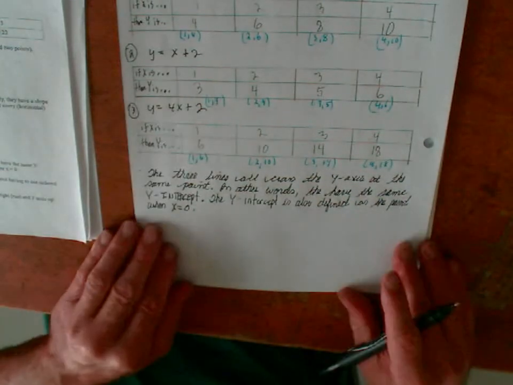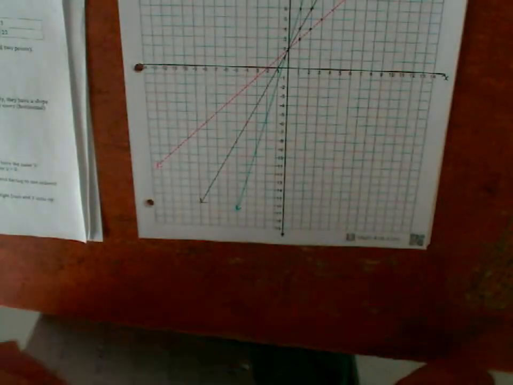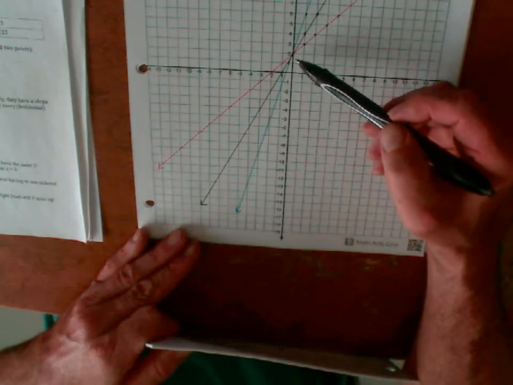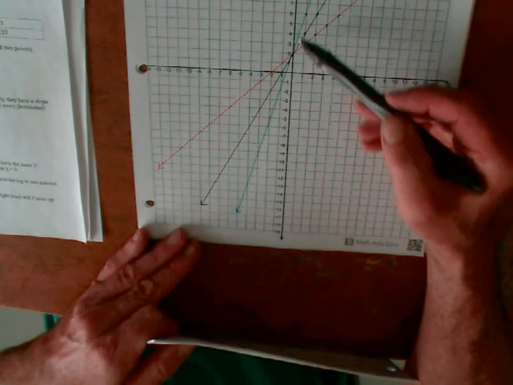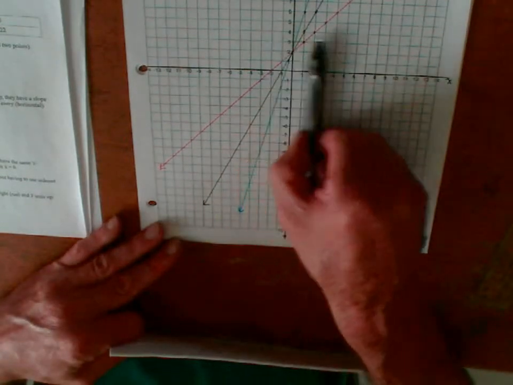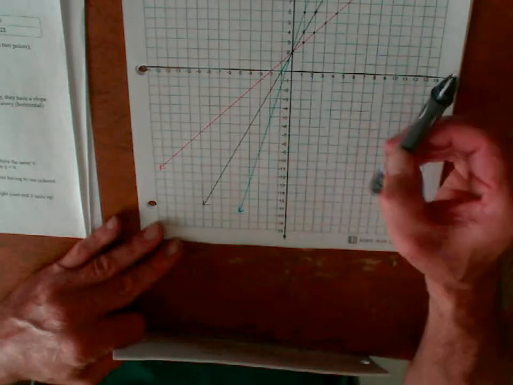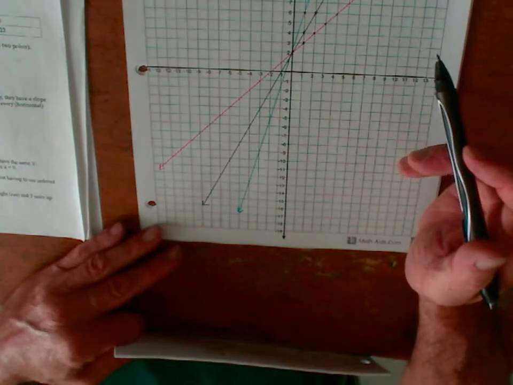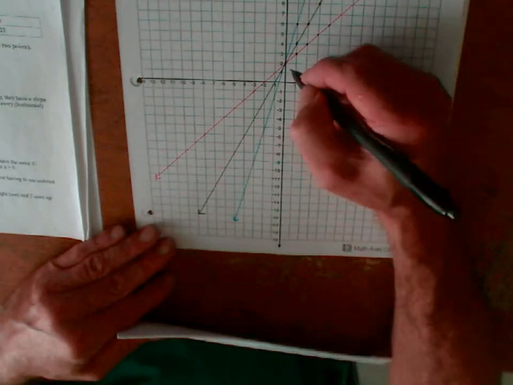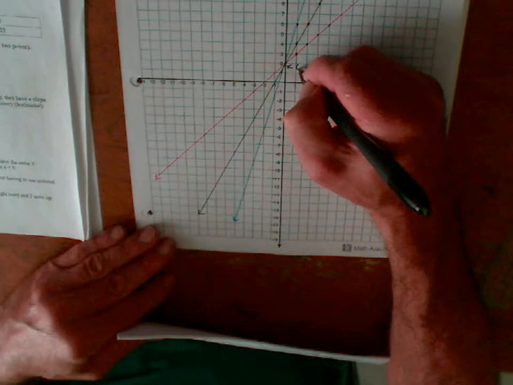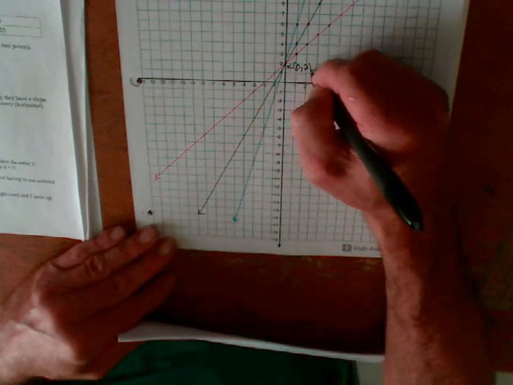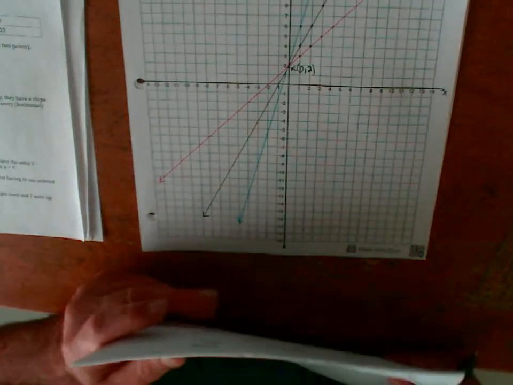If you look here, there's no x value. It's because they're all crossing the y-axis at positive 2. So there's no x, it's just on the y-axis. So this point here is 0, because it doesn't move horizontally, comma 2. That's where all three of these lines intersect.